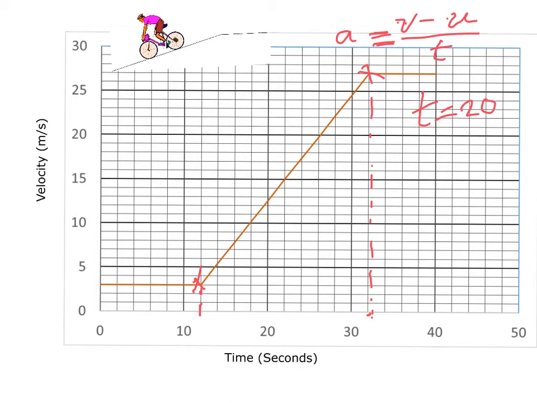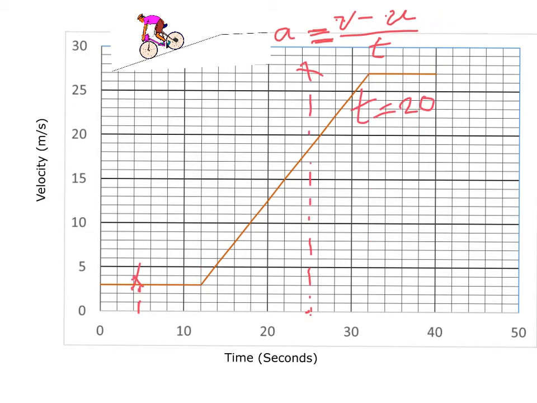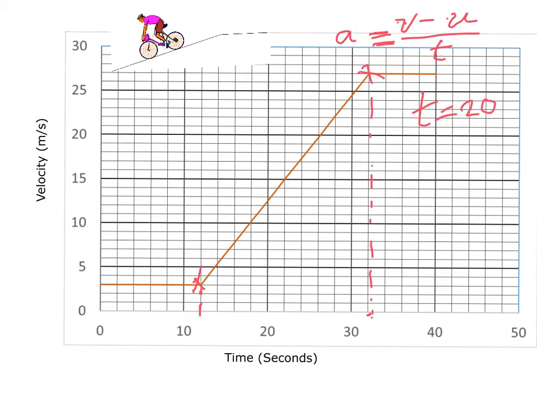Okay, so you can see the final speed here is 27. So as you can see here, that's 27, and the starting speed is 3. So 27 take away 3 gives you 24. So the change in speed, v is 27 and u is 3, gives you a change in speed of 24 meters per second.